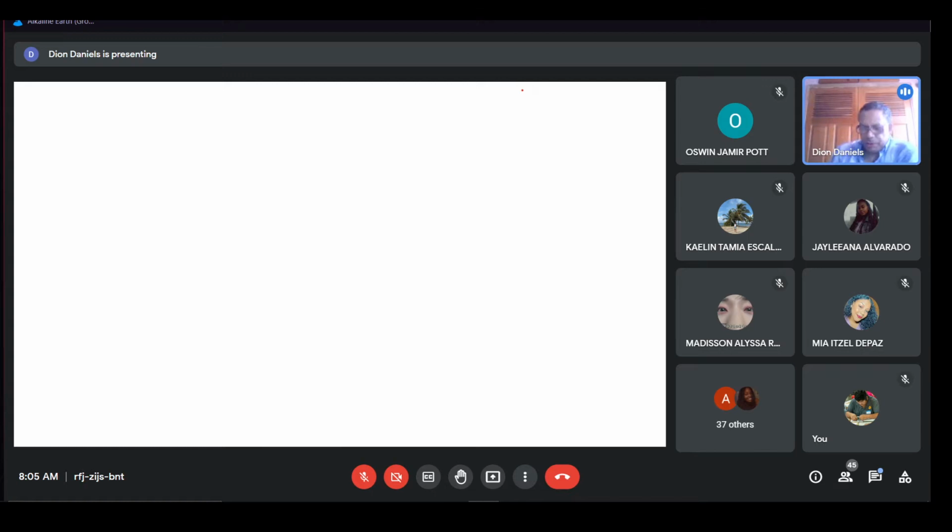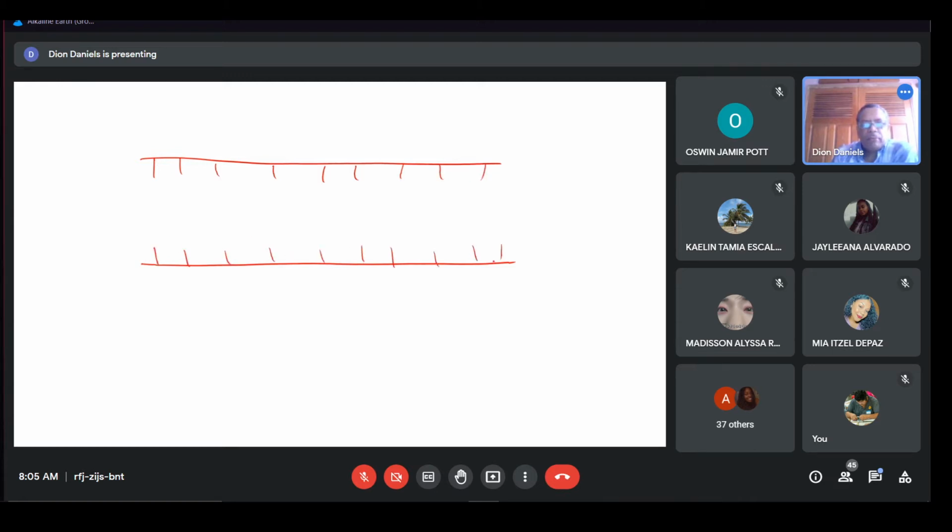So if you look at it this way, so you have the denatured DNA molecule here. The primer is a short piece of oligonucleotide that anneals right there and right here.